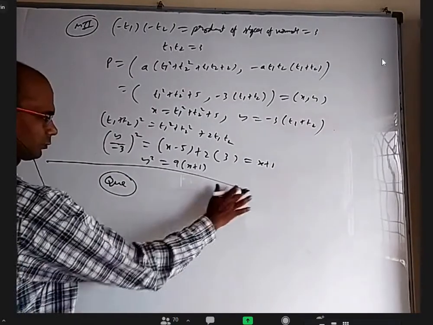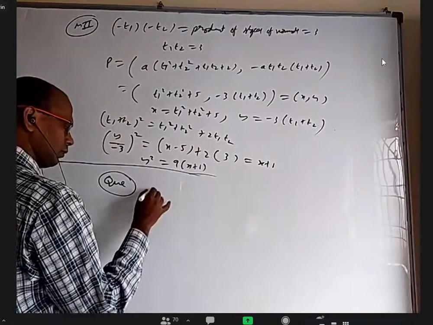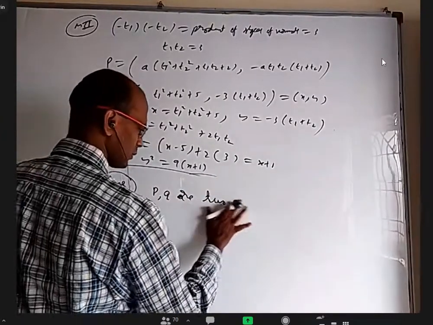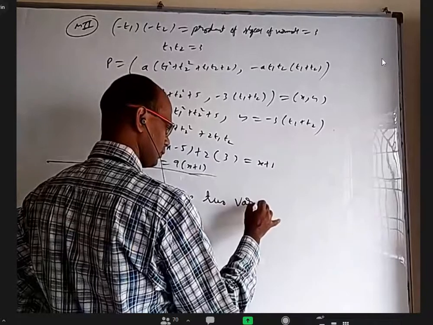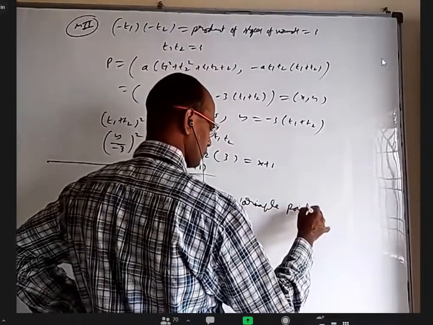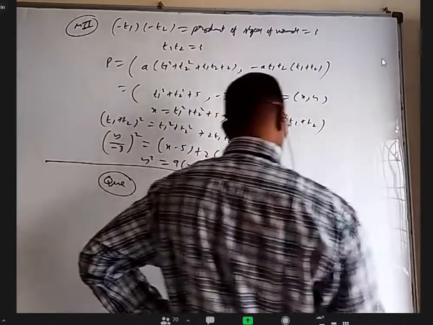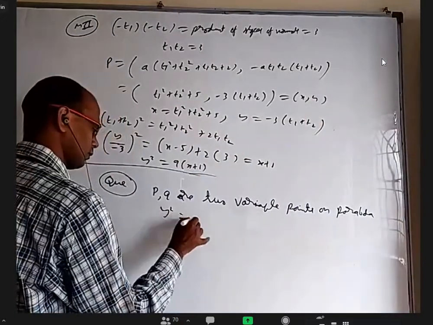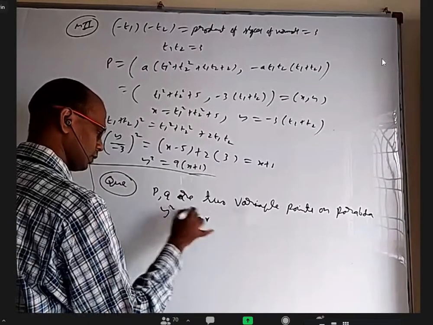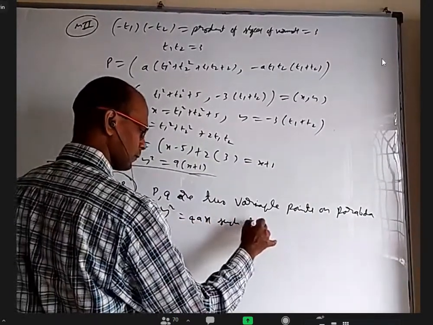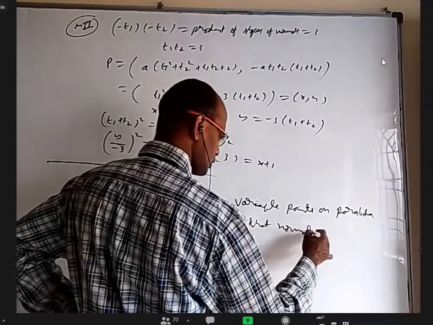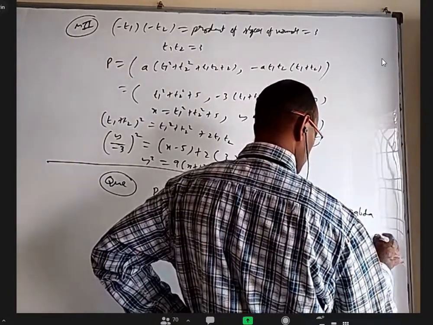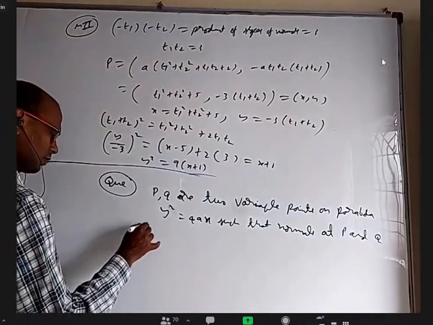Okay, next question. P comma Q are two variable points on parabola y square equal to 4x, such that normals at P and Q intersect on the same parabola.